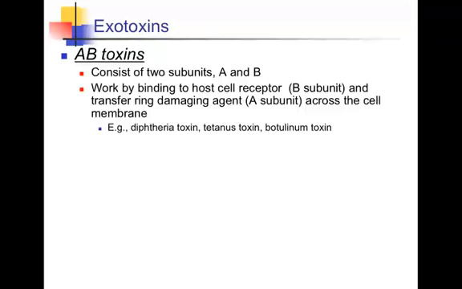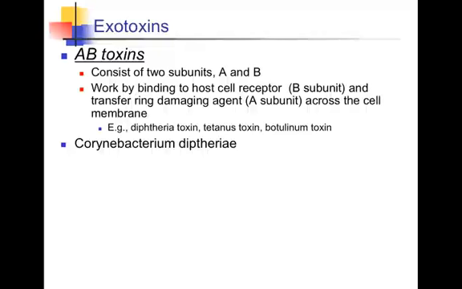The B subunit binds to host cell receptors and oftentimes results in the translocation of the A subunit across the cell membrane and into the cell cytoplasm, and that results in some negative downstream process and toxicity in those affected host cells. There are examples of different AB exotoxins that we'll talk about: diphtheria toxin, tetanus, and botulism toxins. We'll talk about the organisms that produce those and their mechanisms of action here in just a few moments.